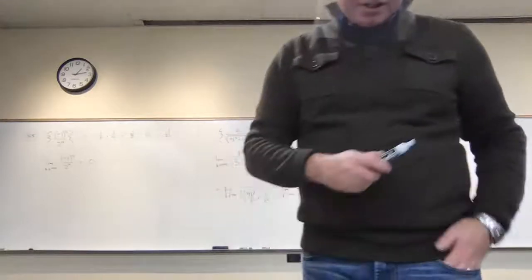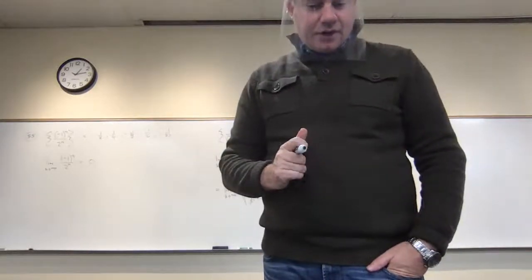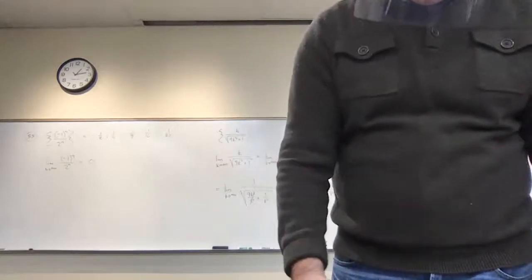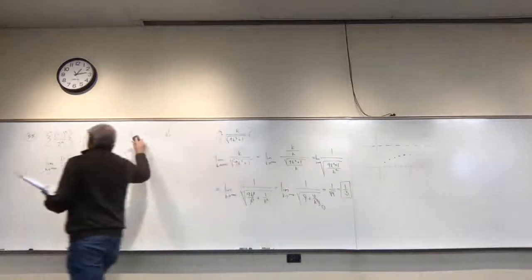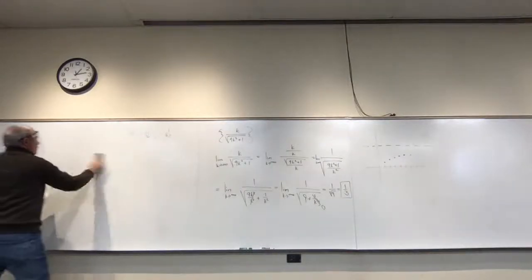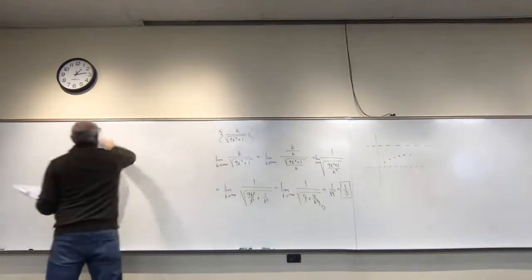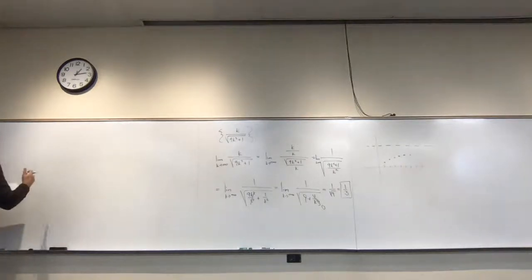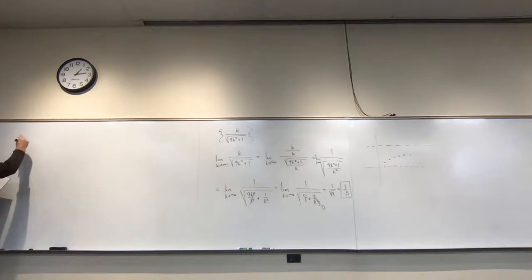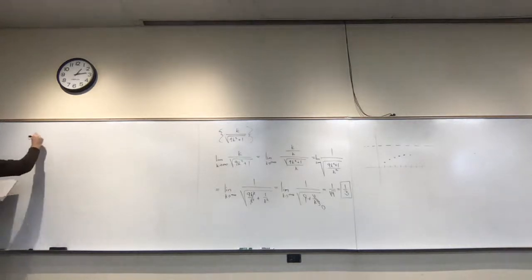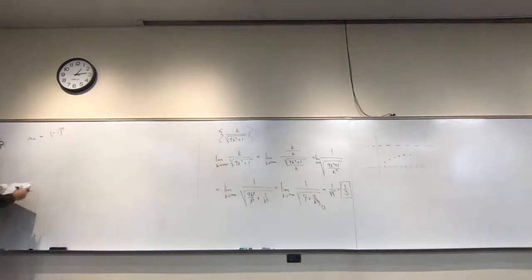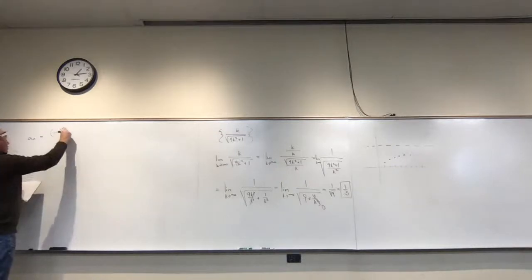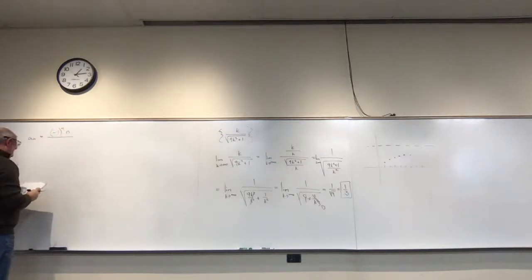Number 54. Plot a graph of the sequence a sub n, where a sub n is equal to (-1)^n times n divided by n plus 1.